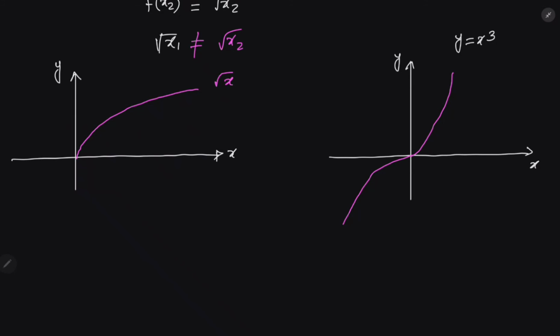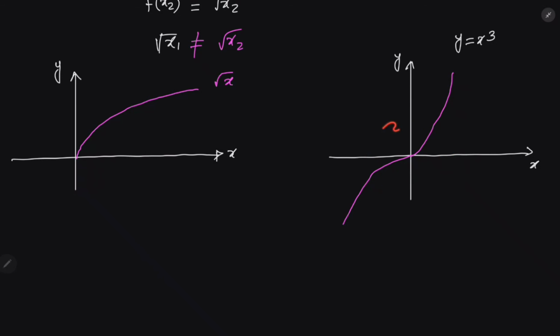Here you can also see that for any value x1, we have f of x1, and it is a unique value on the curve. If this is x2, we have a unique value of f of x2. If we have x3, we have a unique value of f of x3.